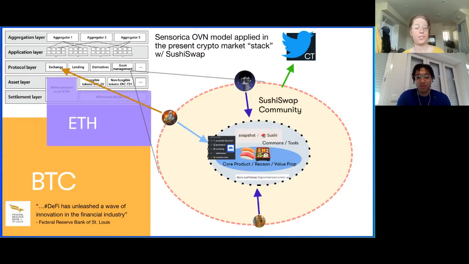And that itself is just one part of a much larger system that is what we're talking about in terms of Web3, these digital nations. And in this case, it's an exchange, in what was defined here with the Federal Reserve Bank of St. Louis on the protocol layer. But in reality, this is like the decentralized finance layer, right?